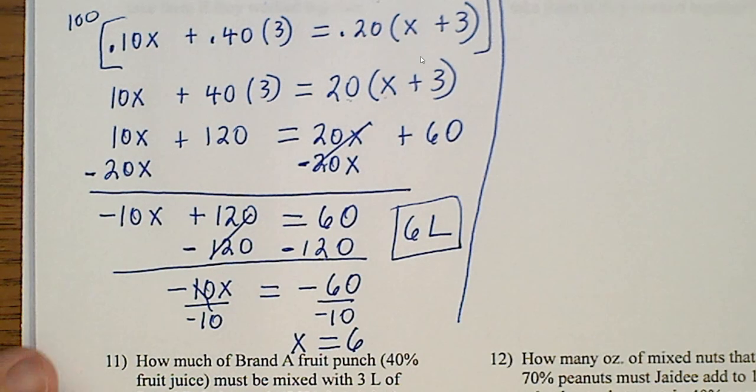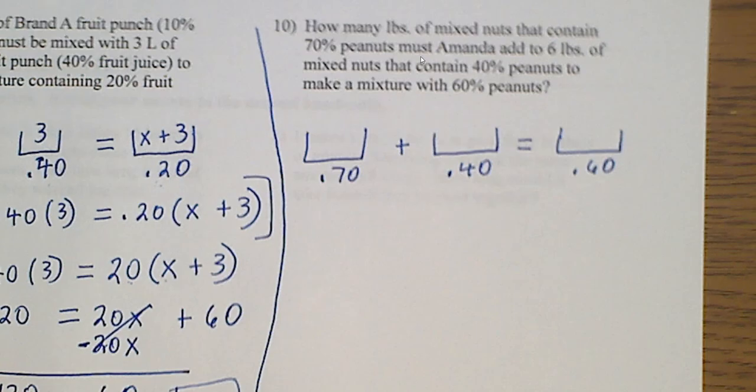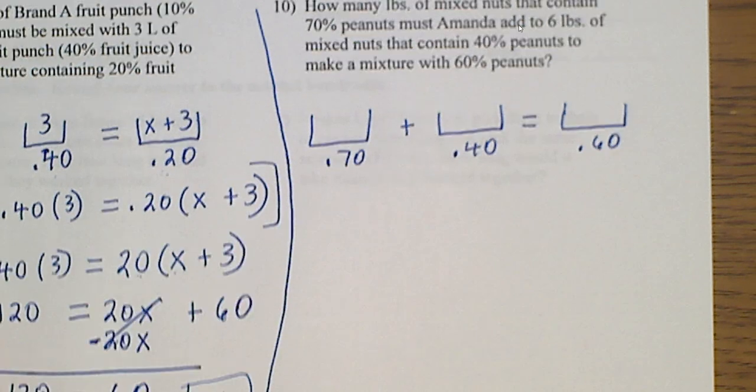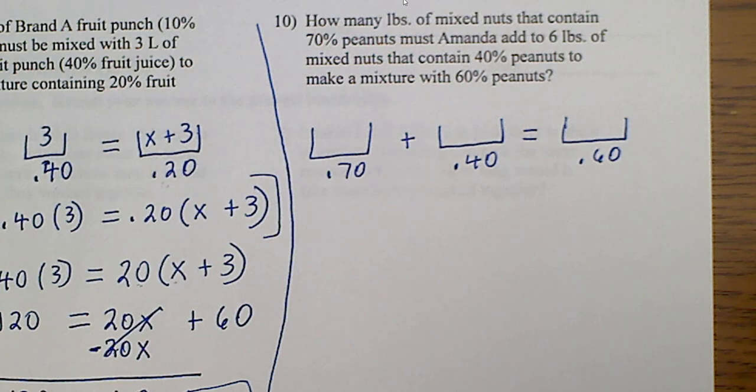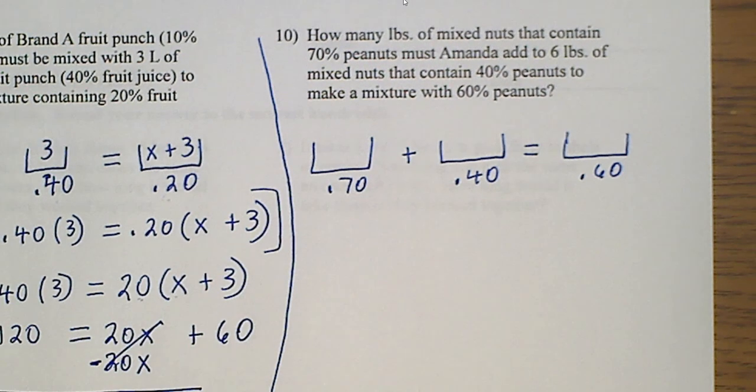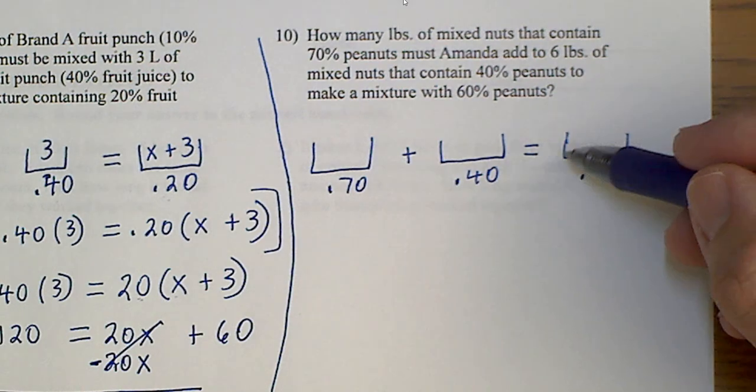Okay? So here's number 10. Again, I already have the container part set up. So here we're mixing, looks like mixed nuts to make some sort of a trail mix or something. They say how many pounds of mixed nuts that contain 70% peanuts must Amanda add to 6 pounds of a mixed nut container that's 40% peanuts to get a total mixture that is 60.